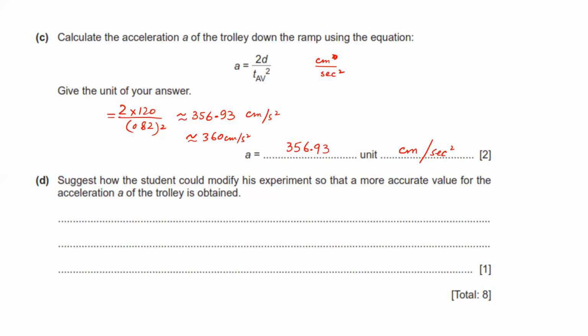Number two, take multiple readings, and then use another person to operate the stopwatch, and this will give two sets of readings for time, and that will also decrease the overall human reaction error effect.